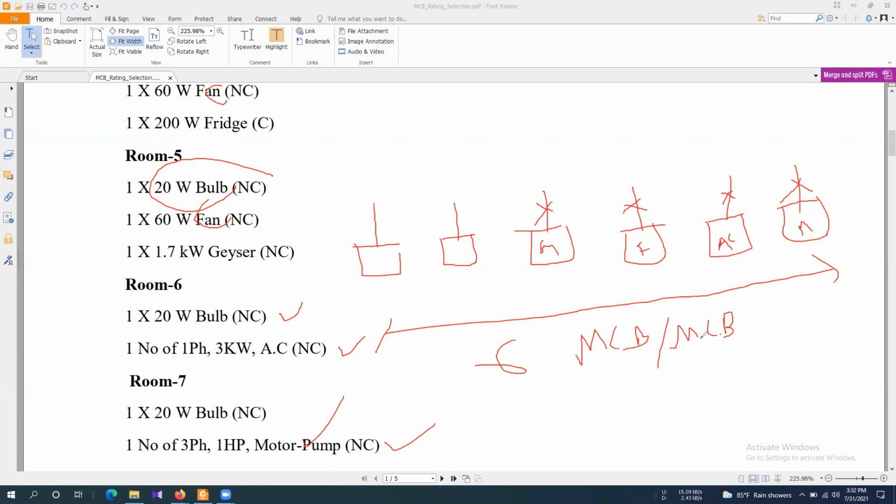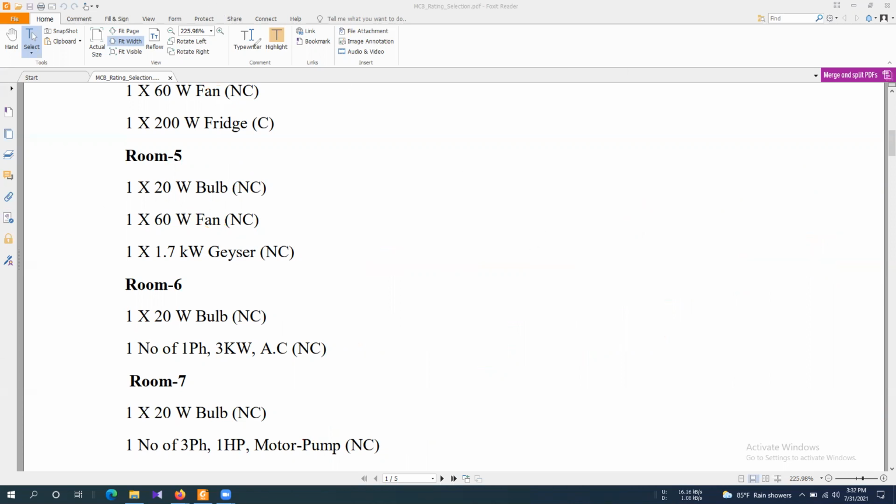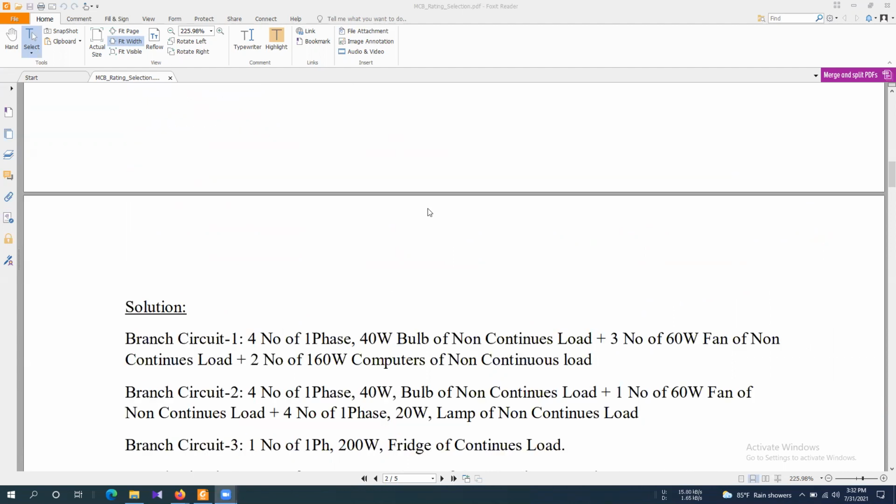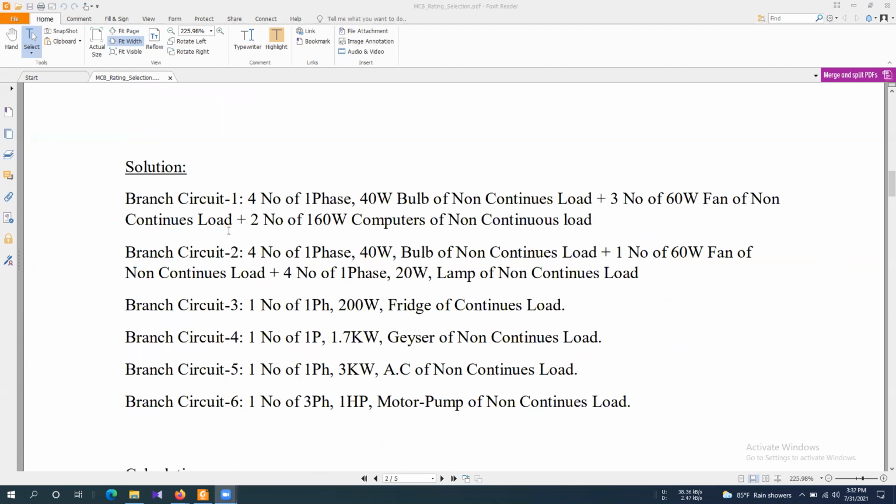Understood or not? So today, in this example, what we have done is segment the load according to the types of load. We have considered 6 branches.